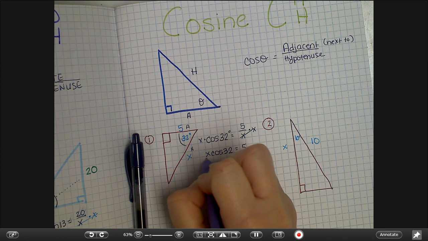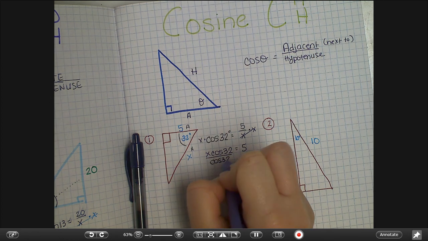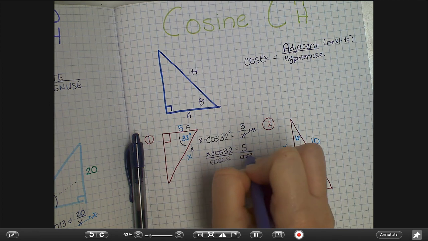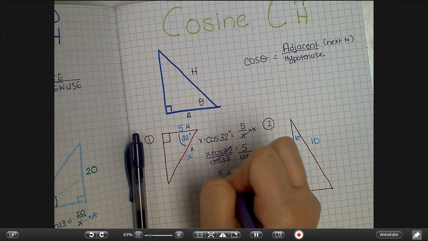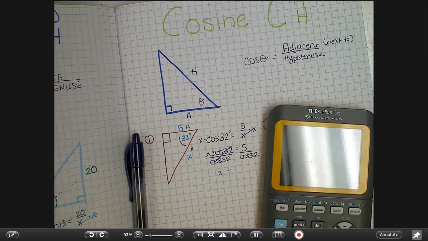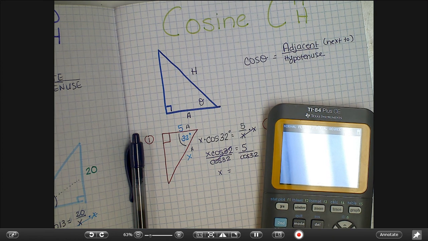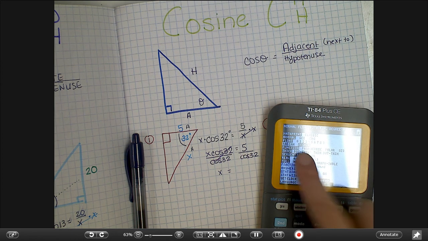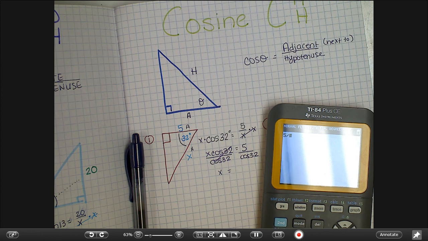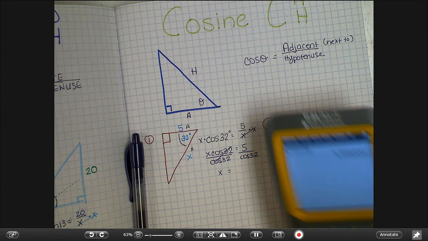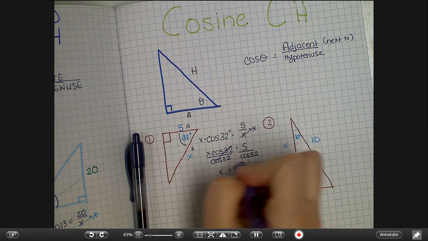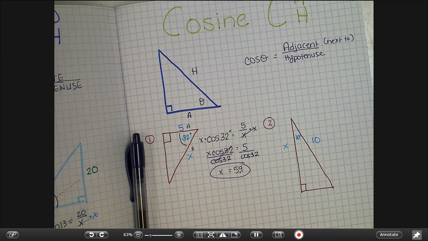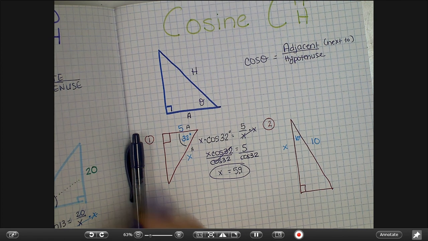And to get the x alone, we need to divide by cosine of 32, because remember, cosine 32 represents an actual number. We treat it like a number. Then we take out our calculator, making sure that it is in degree mode, and just type in 5 divided by cosine of 32, and we get 5.9. So the length of the hypotenuse of this right triangle is 5.9 units long.